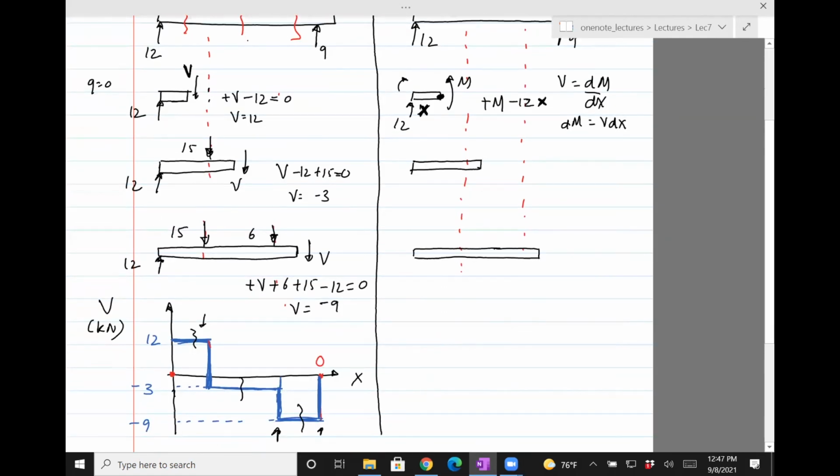So when we draw the bending moment diagram, we'll use this equation, now equals 0. So M equals 12x.